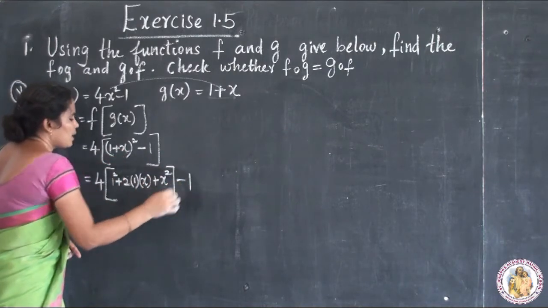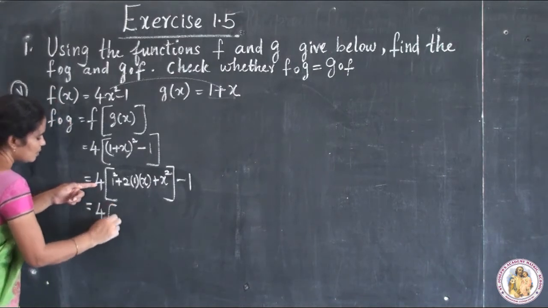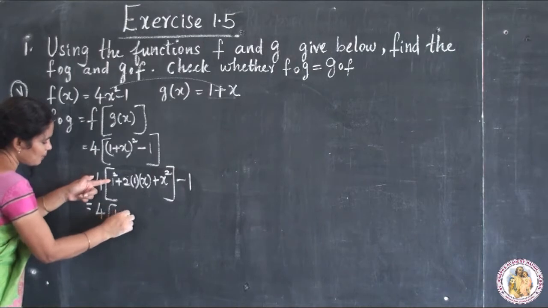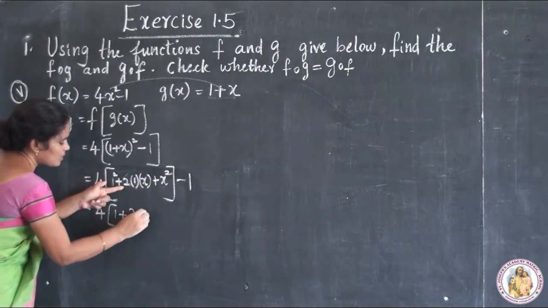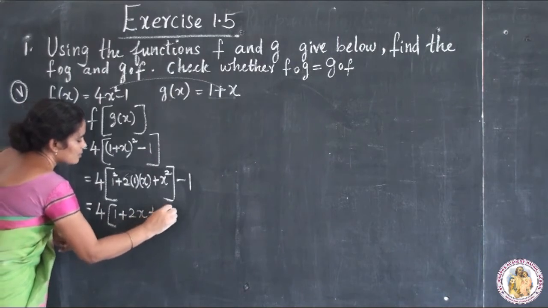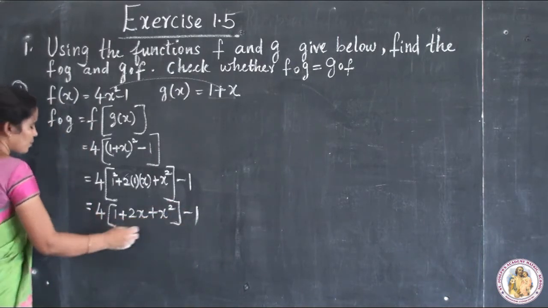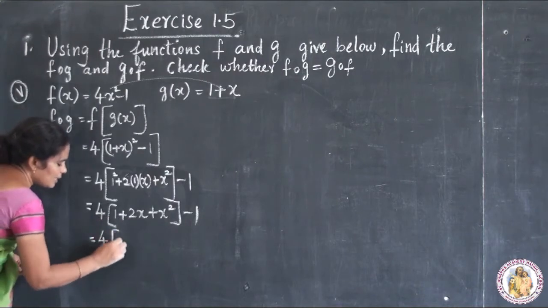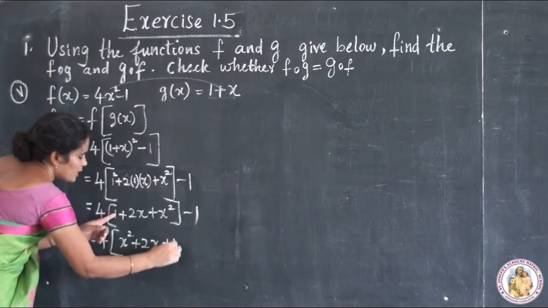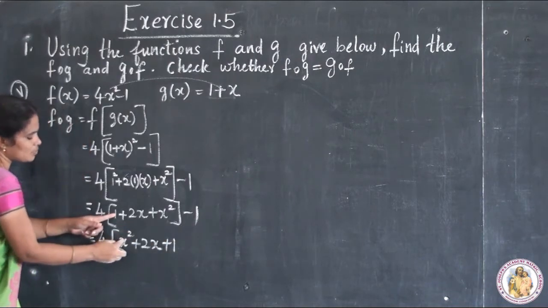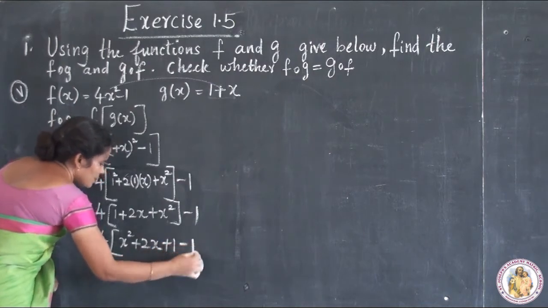Okay, minus 1. 1 into 1 is 1, 2 into 1 into x is 2x, plus x square, minus 1. Write this in standard form, that is x square plus 2x plus 1, in standard form, that is x square, x and constant, minus 1.